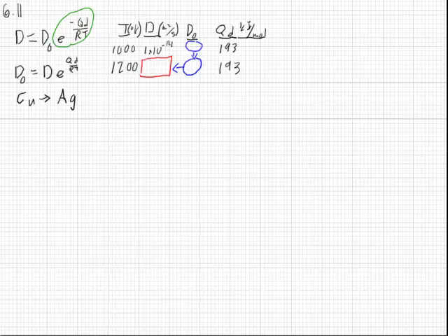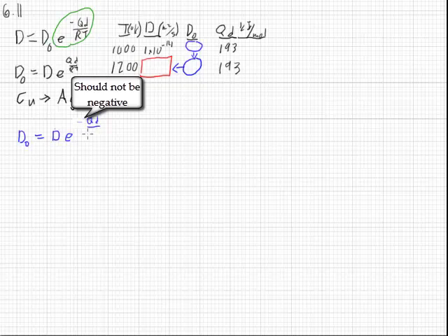Let's start off with, again, we don't know D naught, the pre-exponential, so I'll use that equation first. Pre-exponential equals the diffusion coefficient times e to the negative QD over RT.